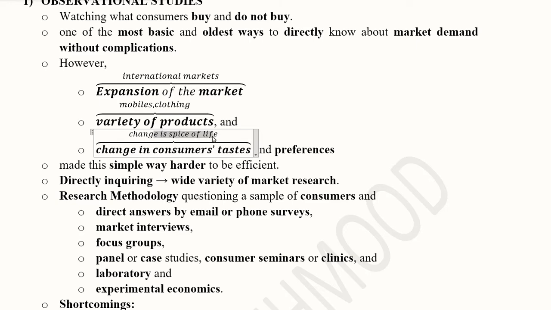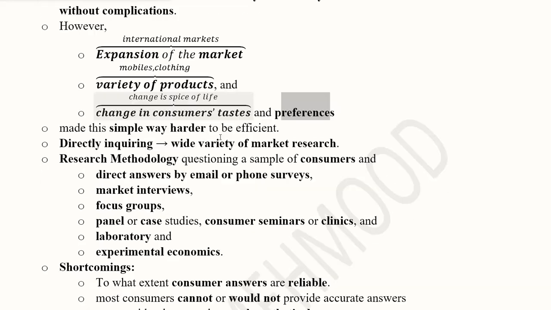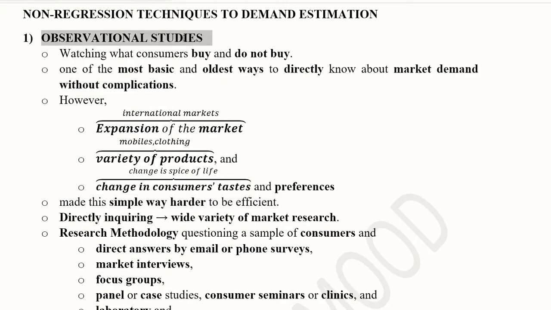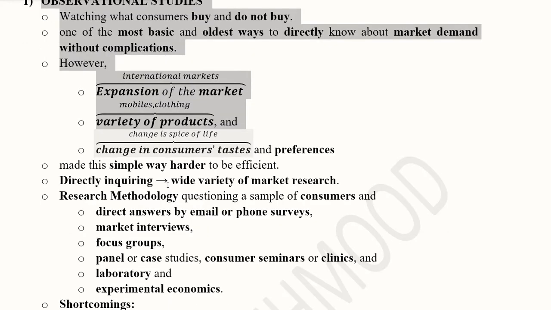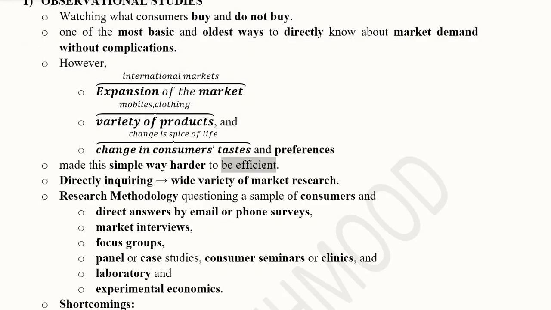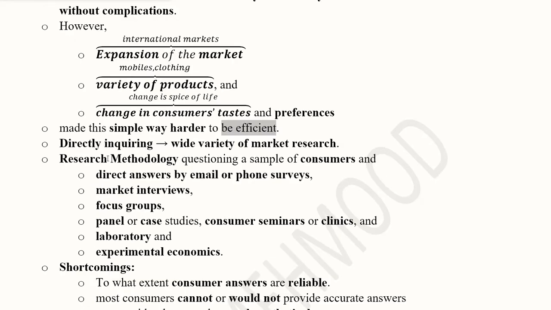People want to change their tastes and preferences in order to benefit more, because they live in a world with greater variety. These phenomena have made it slightly difficult for observational studies to be efficient. So this is a challenge that has brought down the efficiency of observational studies.